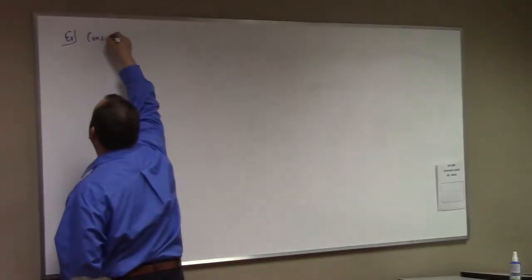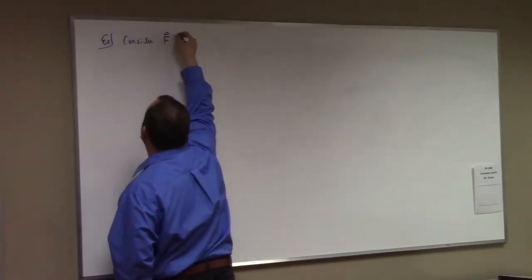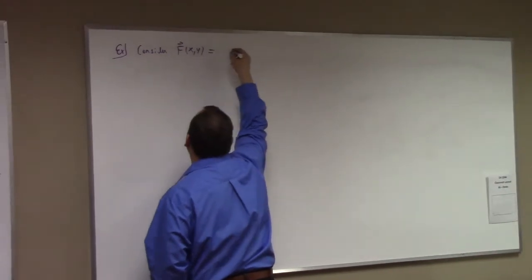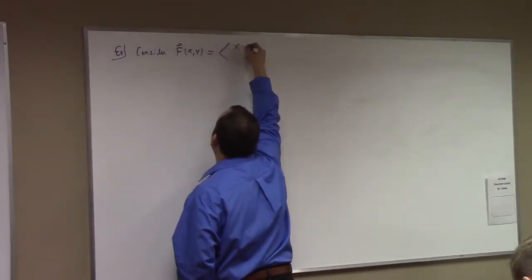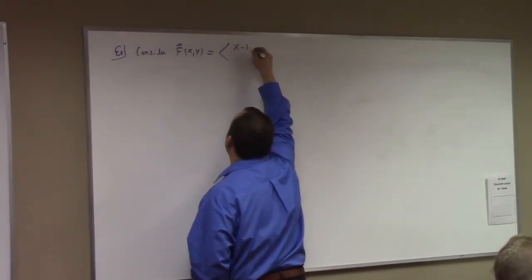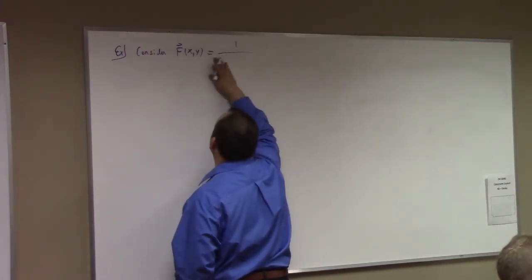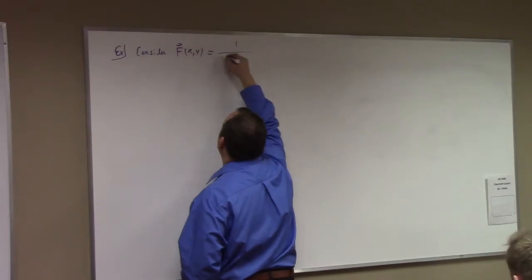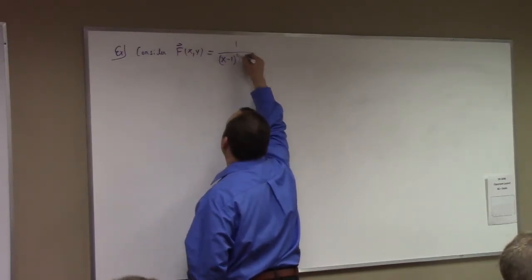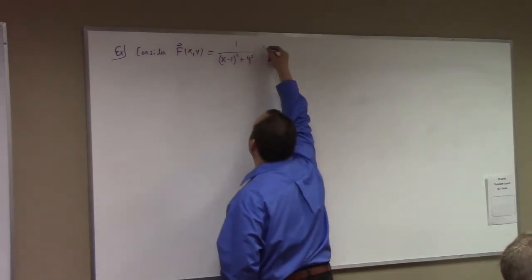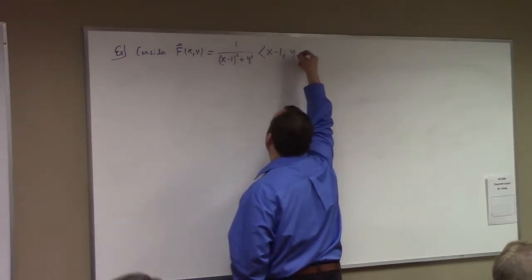Consider F of x, y equal to 1 over (x minus 1) squared plus y squared, times the vector (x minus 1, y).